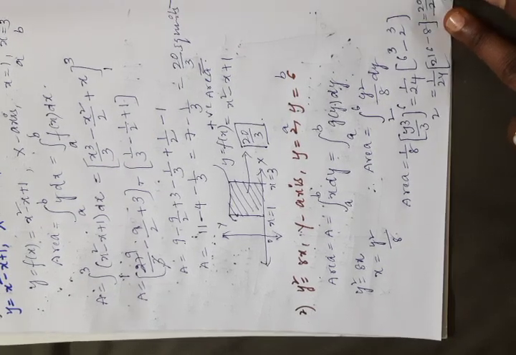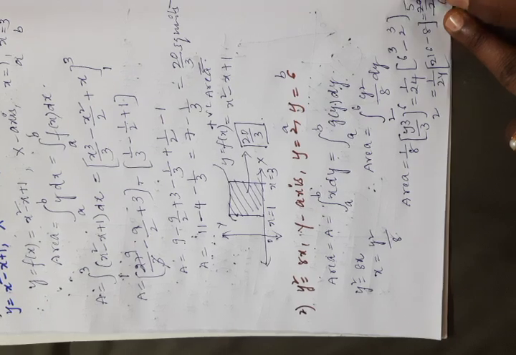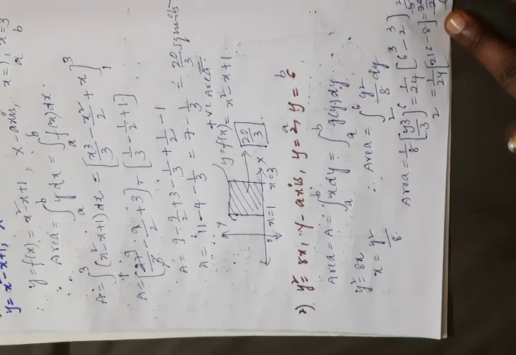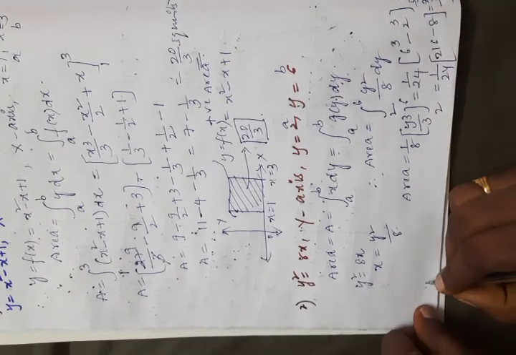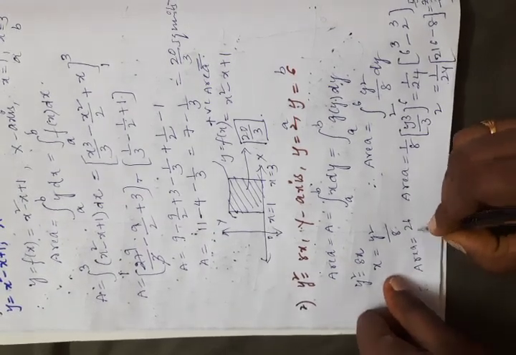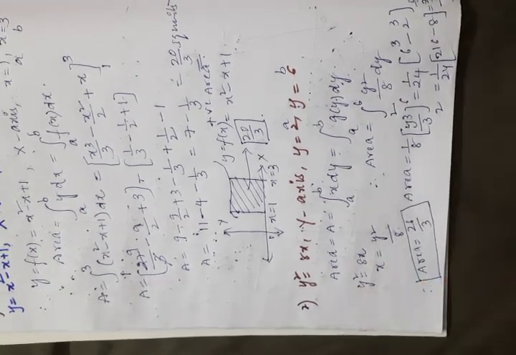Simplifying, 4 fives are 20, 4 sixes are 24, and dividing by 4, 208/24 becomes 52/6, which is 26/3. Therefore our area is 26/3 square units. This is our final answer.